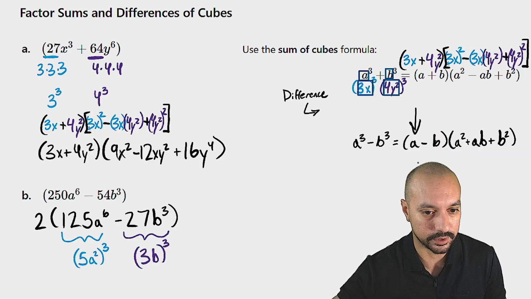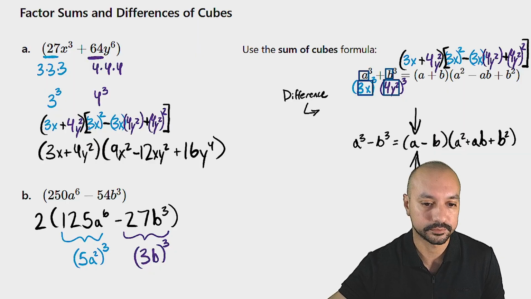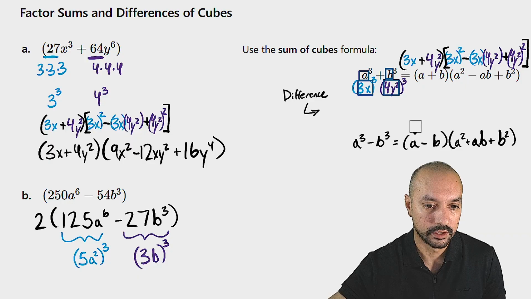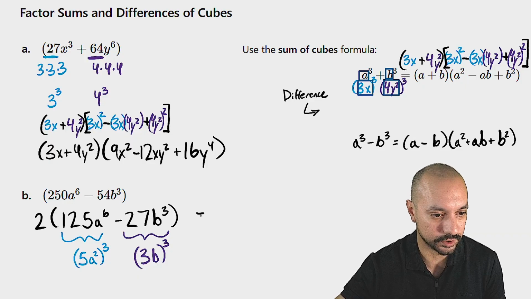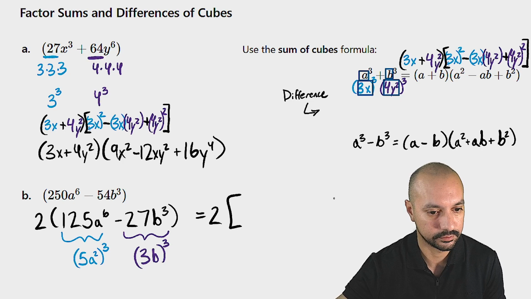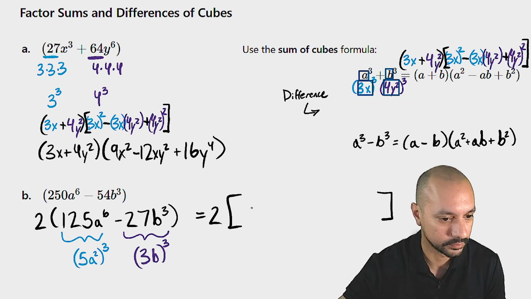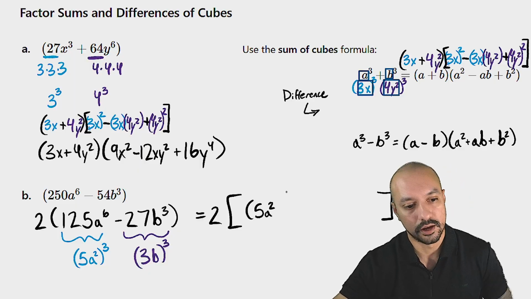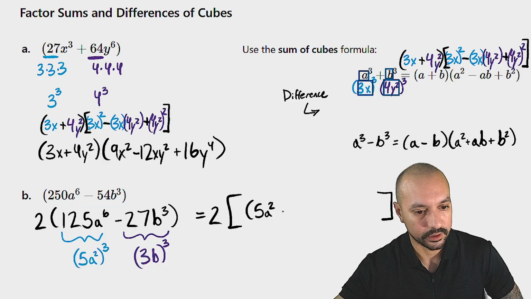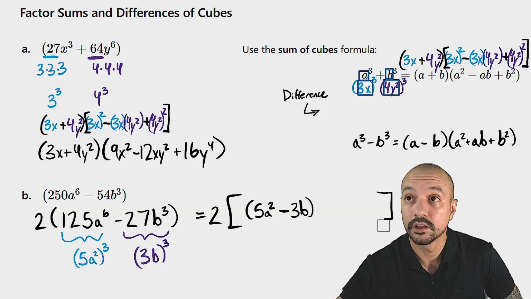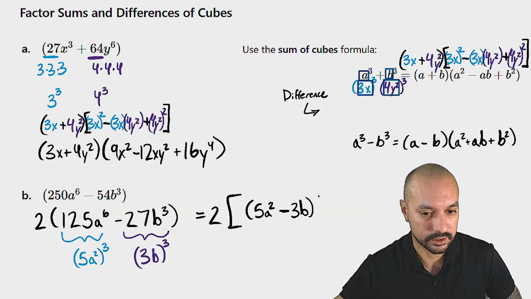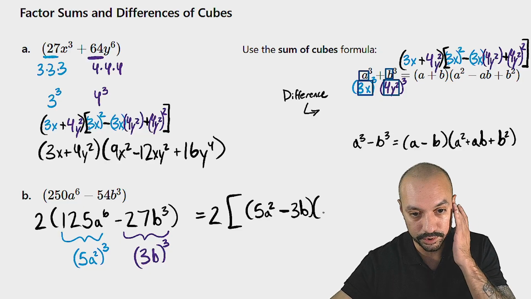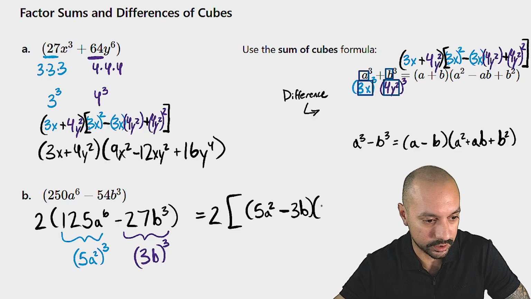We're going to be starting with this side of the formula over here. So first I'm going to go ahead and record A. So A is 5a squared minus 3b. I might need a little bit more space there. Then we're going to do the first term squared.